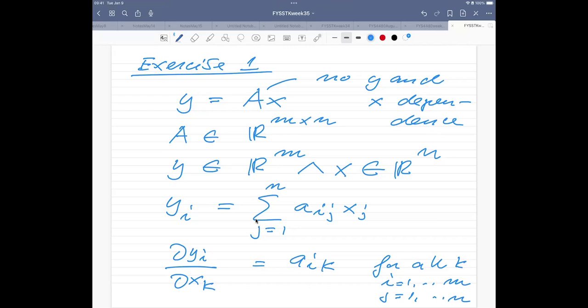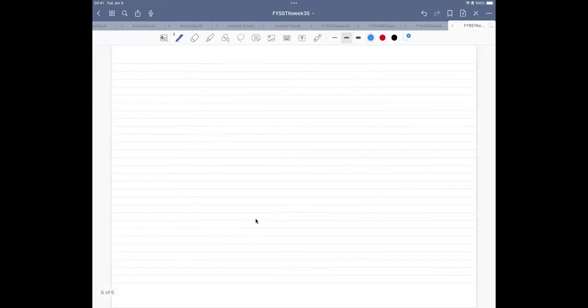So if I now want to rewrite this in terms of this Jacobian matrix or Jacobian determinant, if it's a square matrix, then what you see now is that this dy/dx, and now these are vectors, is simply given by the matrix A.